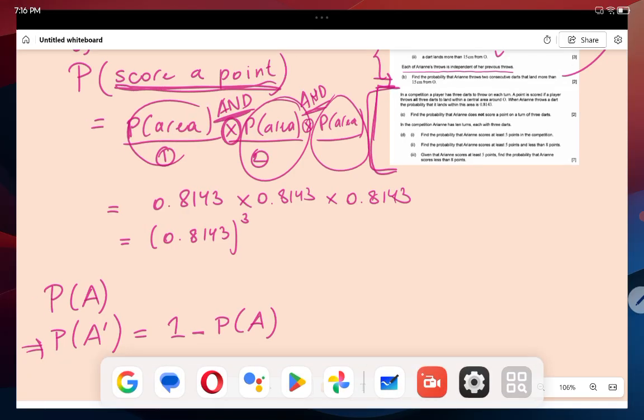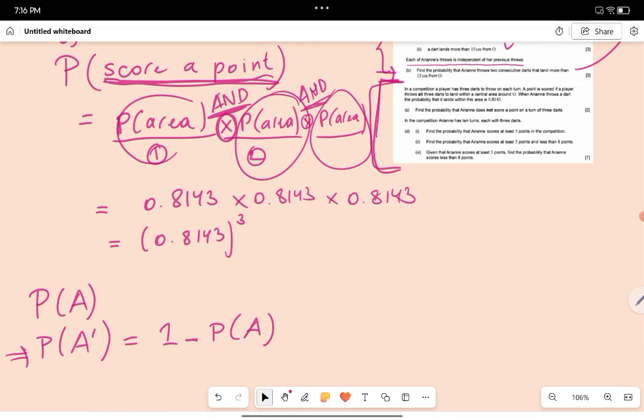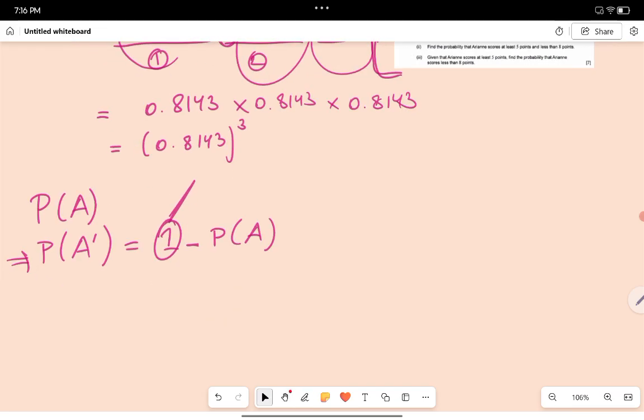We always have that complements of each other together are 1, because we either score a point or we don't score a point. So together they must form 100% chance, right? So we basically have 1 minus the probability to score a point.